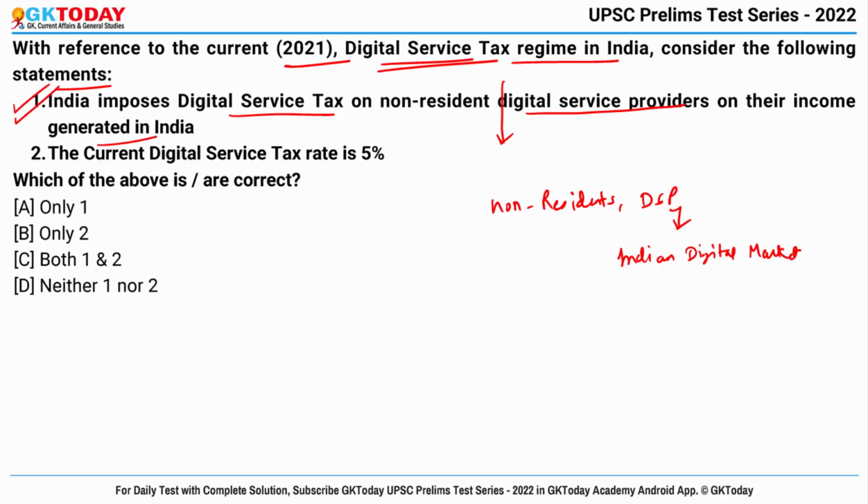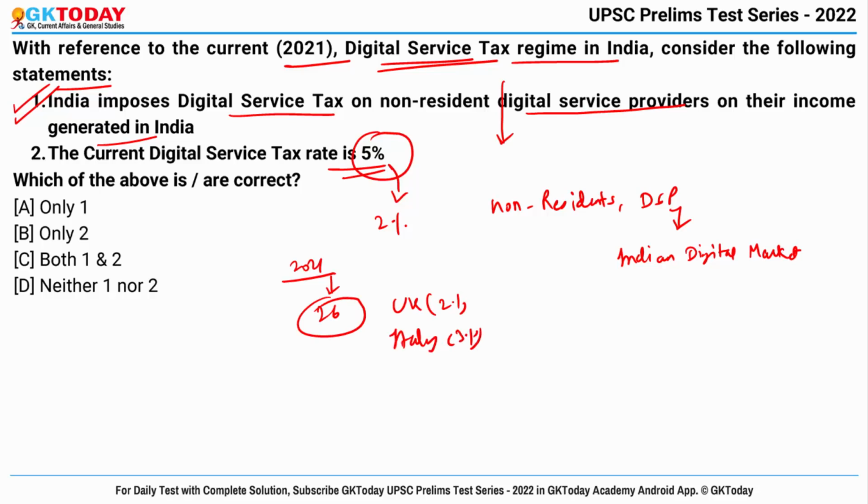And second statement says the current digital service tax rate is 5%. No, this value is 2% at present. Okay. So now as of 2021, digital service tax is levied by 26 countries such as UK, and UK charges 2%, Italy with 3%, Turkey with 7.5%, etc. Fine. So here correct answer is only 1.